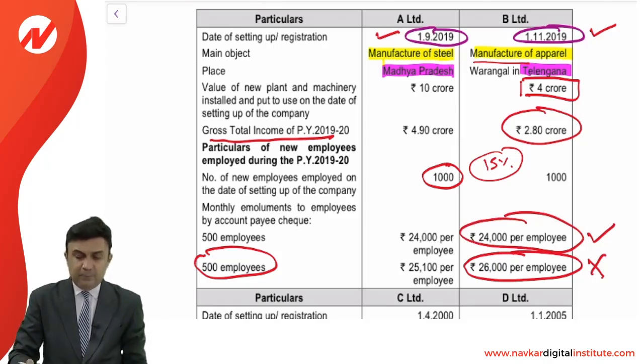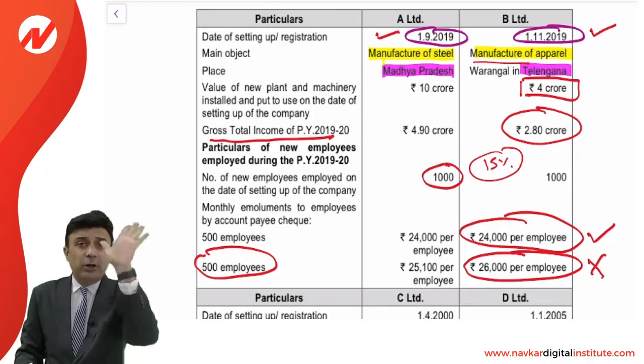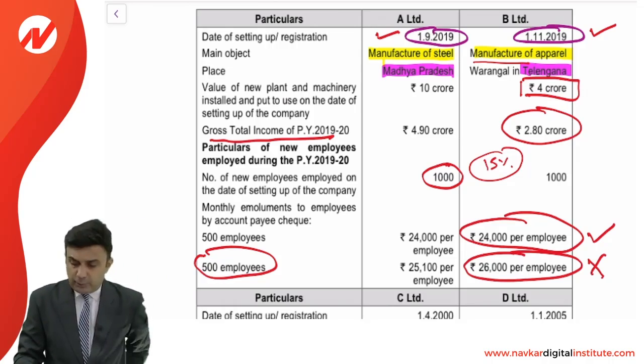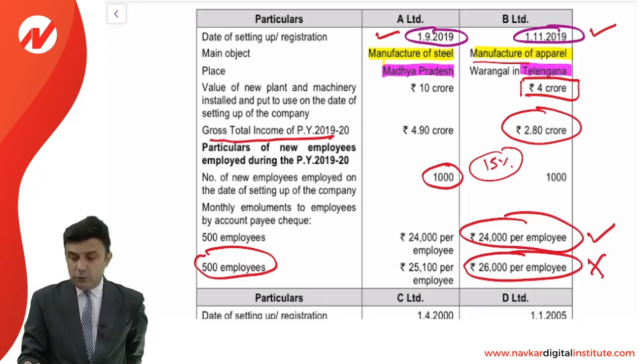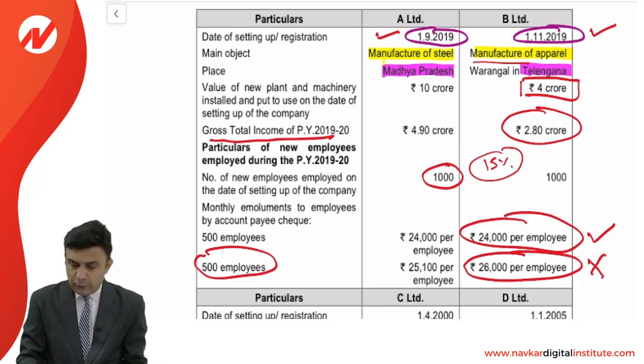And as they are employed for more than 150 days, they are eligible for JJAA. Your JJAA is going to be 24,000 per month multiplied by 500 employees multiplied by 5 months, that is November to March. So the emolument is coming to 6 crore, of which 30% deduction is available.